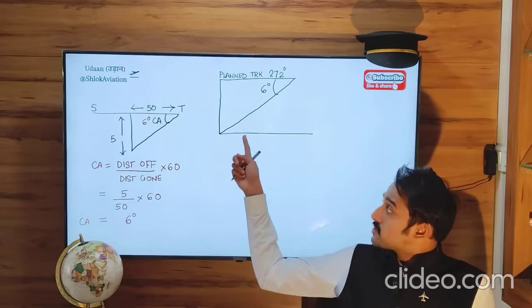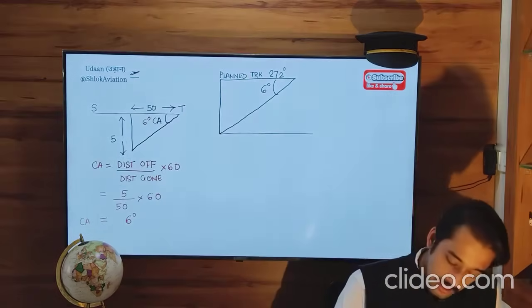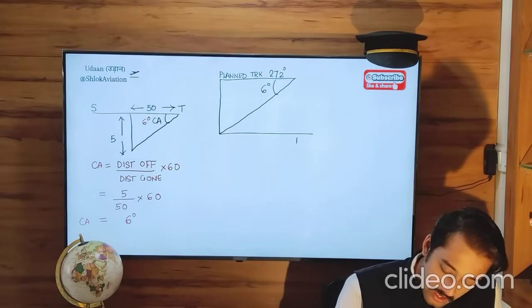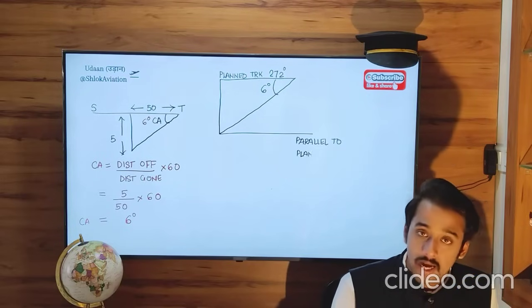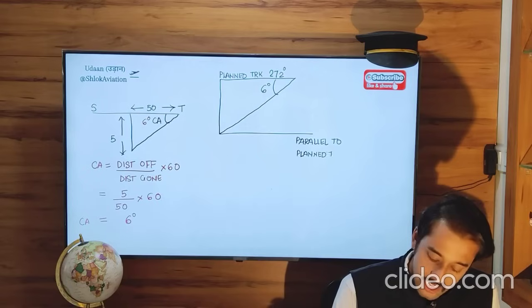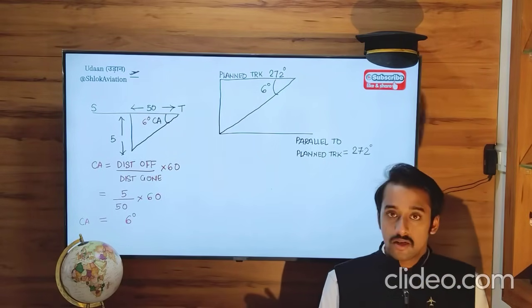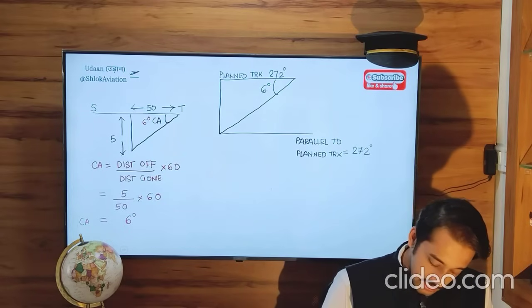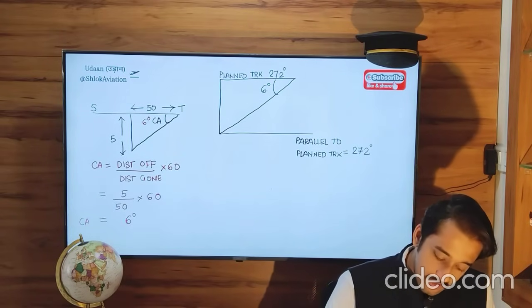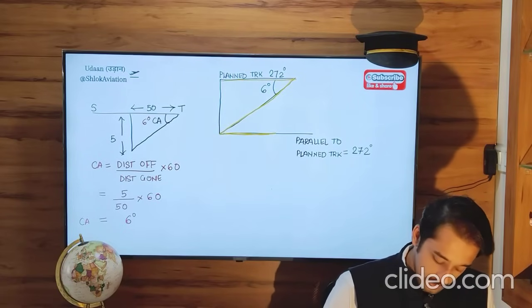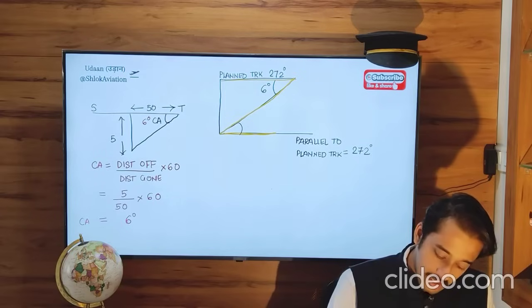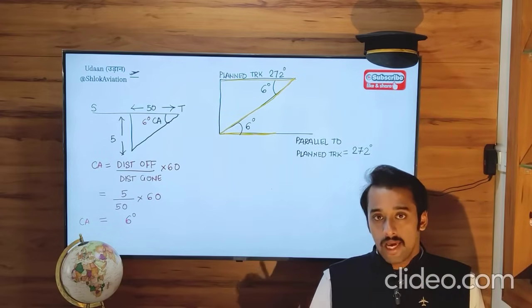I'm drawing a line which is parallel to your planned track. So that direction will also be equal to 272 degrees. Now this angle is 6 degrees. So if this angle is 6 degrees, this angle will also be equal to 6 degrees. Alternate angles are equal angles.